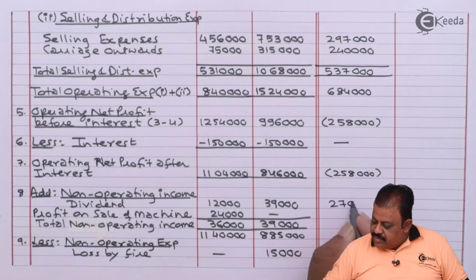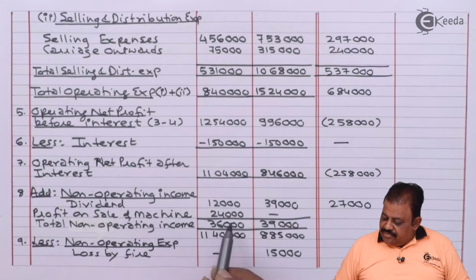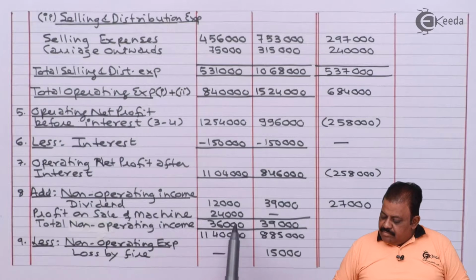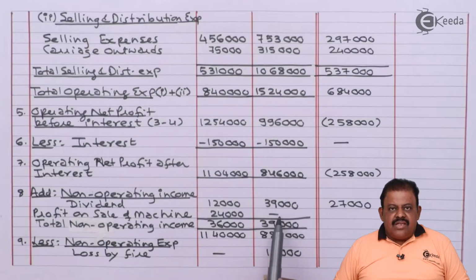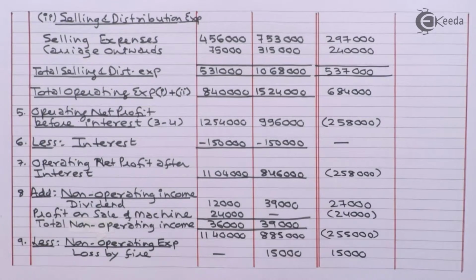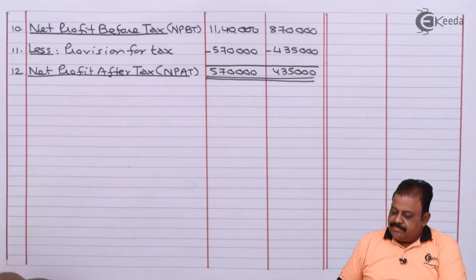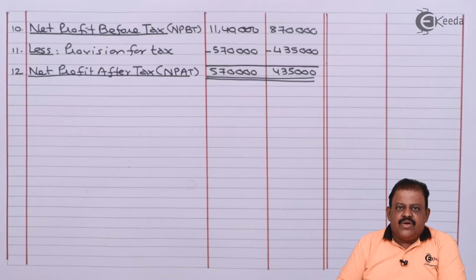Dividend increase 27,000. Profit on sale of machinery. In second year there is no such item, so there is a decrease. Loss by fire, there is increase. Net profit before tax, there is decrease 2 lakh 70,000.